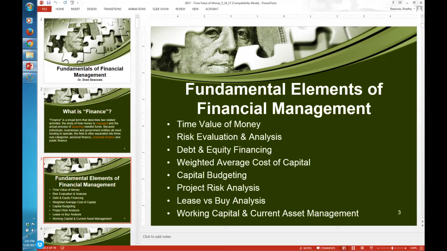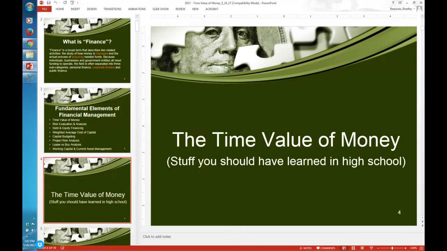We will then look at capital budgeting through a risk analysis lens, as different projects, different investments, what have you, come into consideration. We'll also talk through lease versus buy analysis and wrap up our semester with working capital and current asset management.